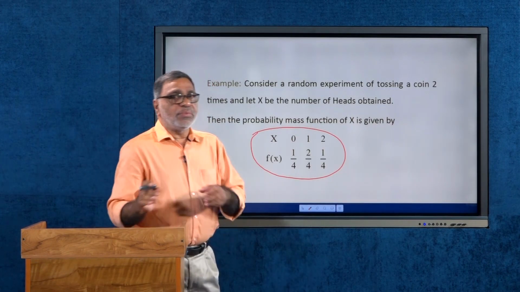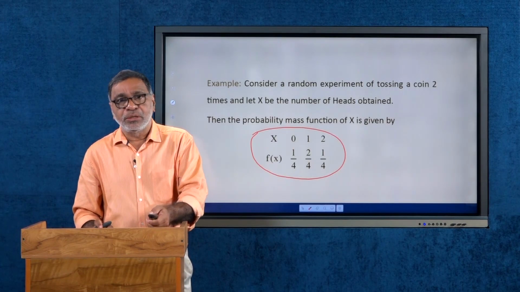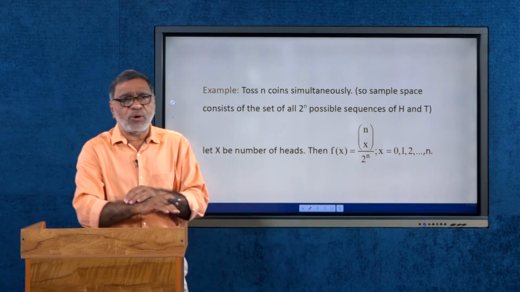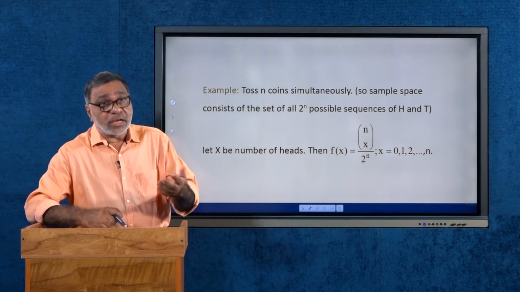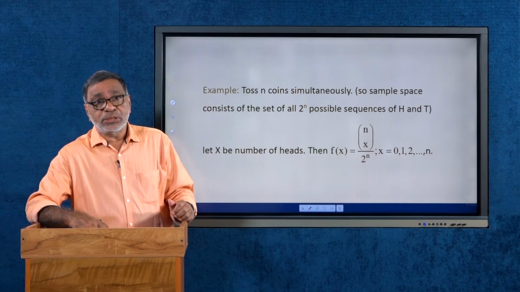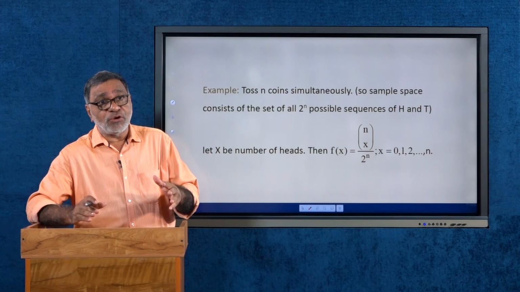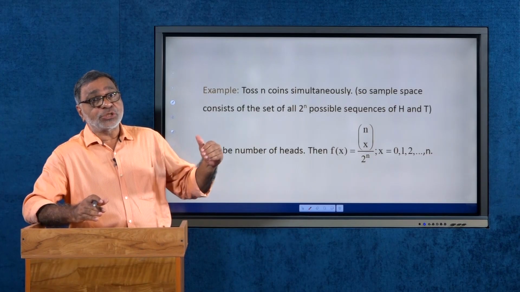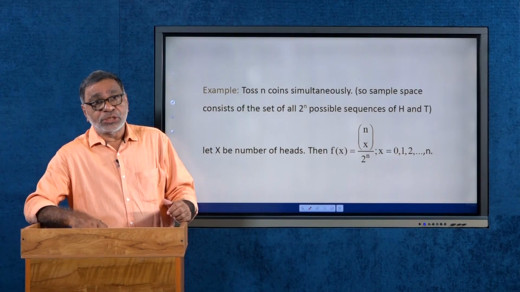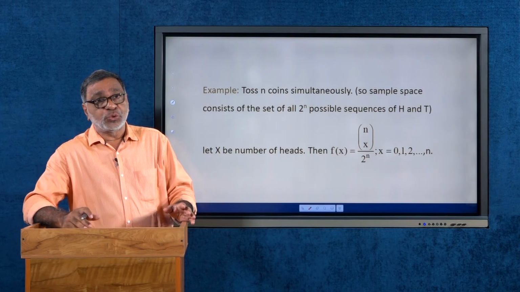And another similar example: suppose we are considering tossing a coin n times, a general situation. So n coins are tossed simultaneously. In the last case we tossed 2 coins, so now n coins are tossed. The total possible cases are 2 power n.